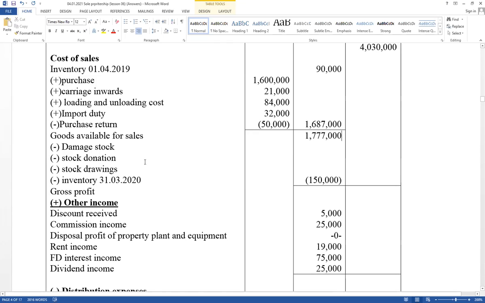In this example, it has given only closing inventory. Therefore, from this value should be deducted closing inventory. Then take answer last column. That is the cost of sales. Value should be included within brackets. This one minus this one. Therefore, answer equal 1,627,000. From this value should be deducted inventory.